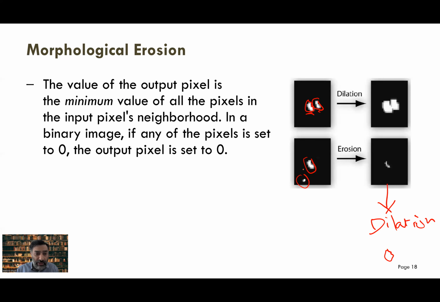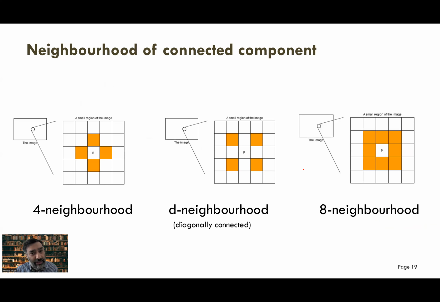Okay, now I've been using the words neighboring element, neighboring pixel. So how do we define a neighbor? It's based on how we set our parameters. If we say we're only going to look at 4 neighborhood, that means we look vertically and horizontally at our neighborhood.